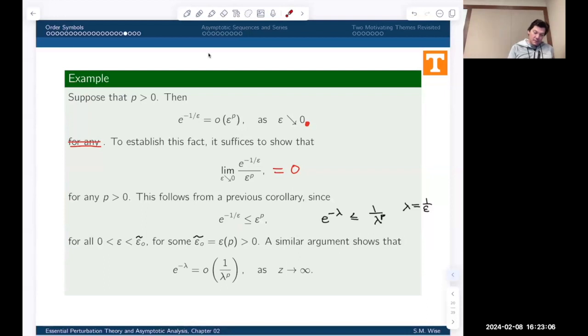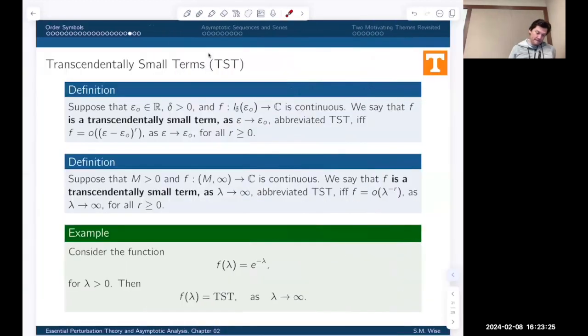Okay, so this is an interesting and useful result that we'll use again and again. E to the minus 1 over epsilon is little o of epsilon to the p power for any p as epsilon goes to 0, and similarly, statements like this. Functions that have that property come up so often that we're going to give them a special little definition.